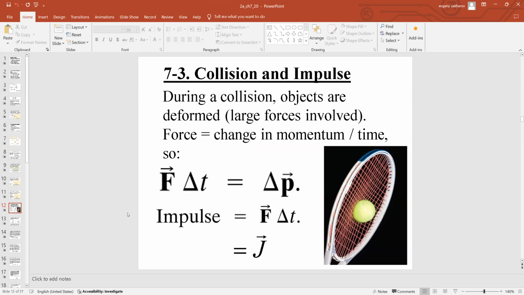Now, for the change in momentum, you can also define impulse. Instead of saying change in momentum, for some reason, textbooks like to say impulse. Well, it is what it is. So if you don't like to say change in momentum, you have to say the word impulse.